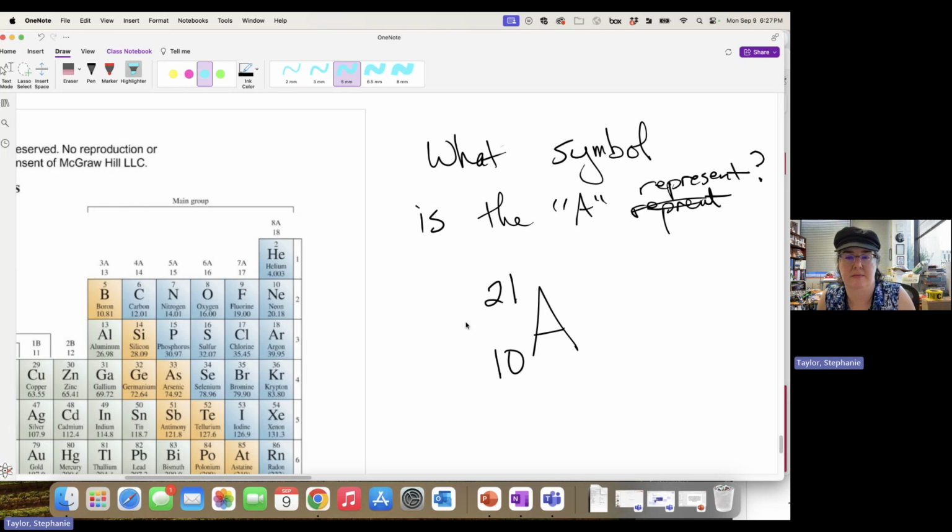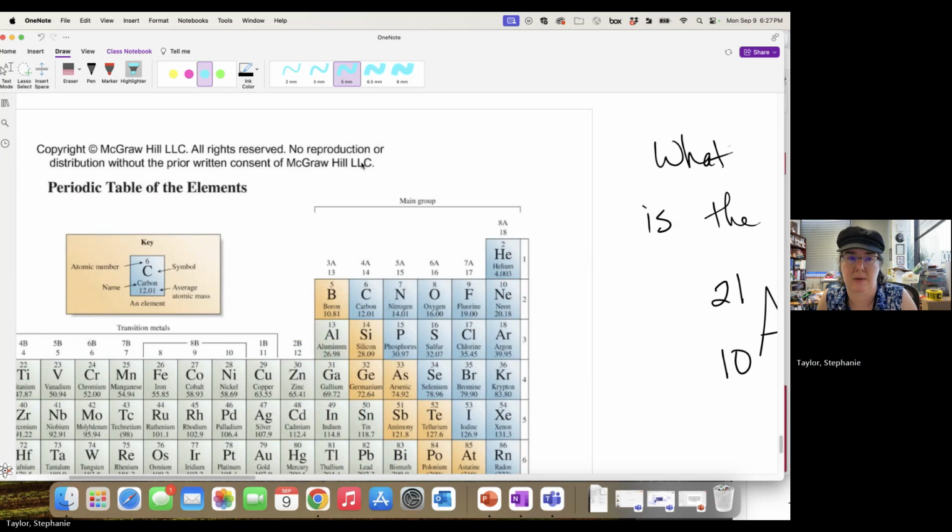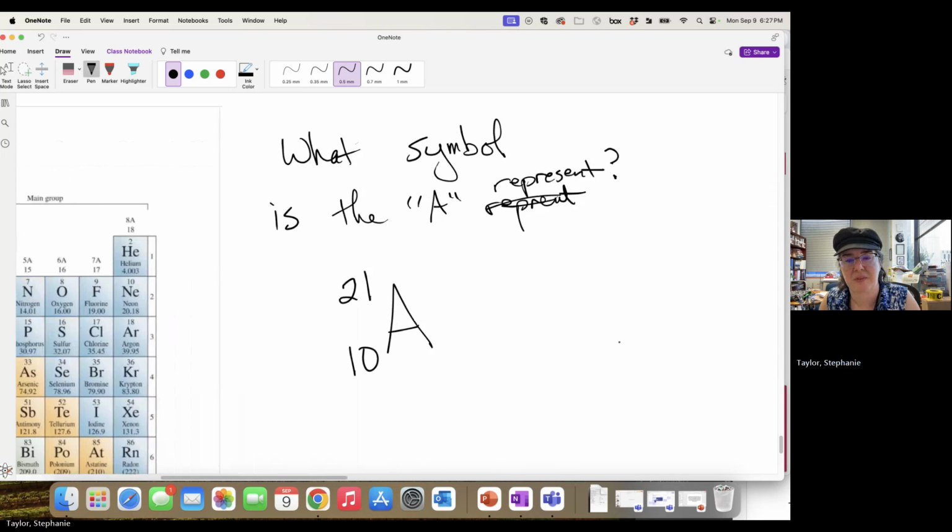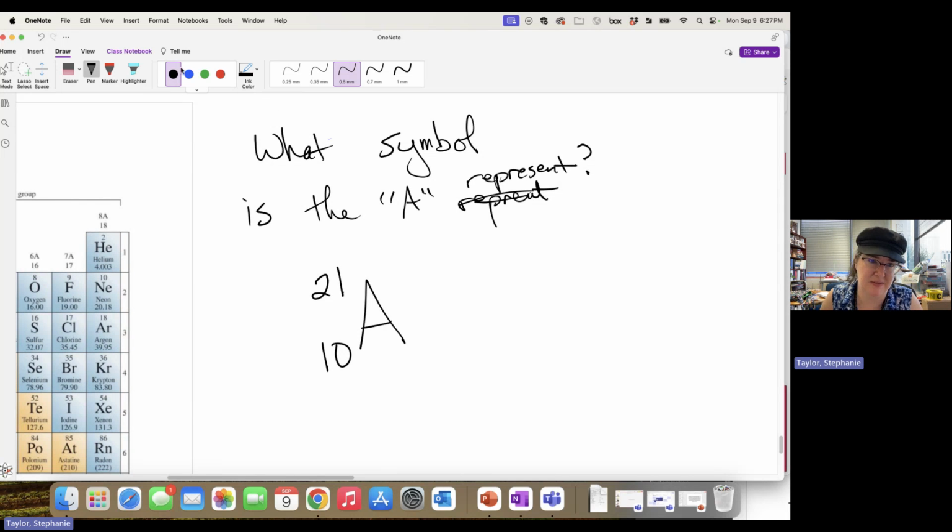One of the things that might help you is that this will tell you where the atomic number is on the periodic table. We theoretically should get rid of this middle thing for you, but we just leave it there. The useful thing to know is that this bottom number is my atomic number, which means this is my number of protons.